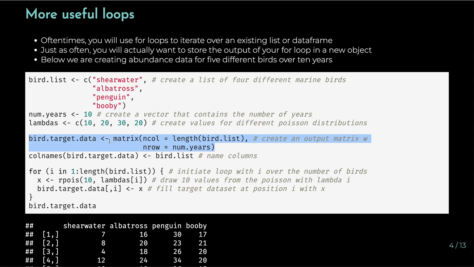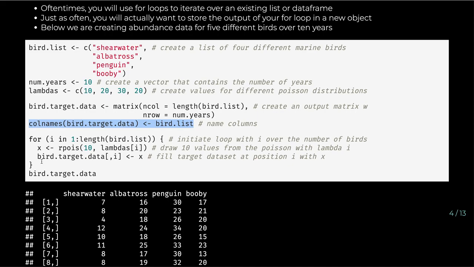So the way I'm doing this is just using the matrix command, and then the number of columns is the length of the bird list right here, and the number of rows is the number of years, so 10. And then I'm just giving my matrix names so that the 4 birds are actually the column names of that matrix.